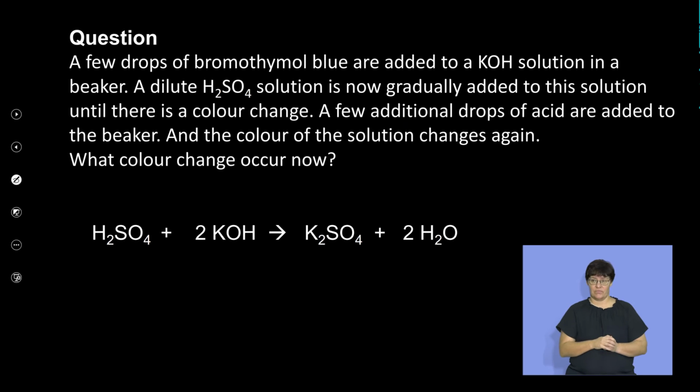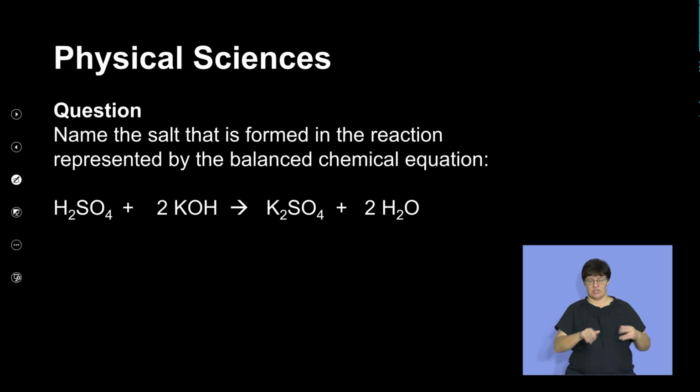Okay, so the color change is from neutral, which was pale green, to yellow. That was the color change that takes place. And obviously, this is our balanced equation for the neutralization reaction that would have occurred, right?